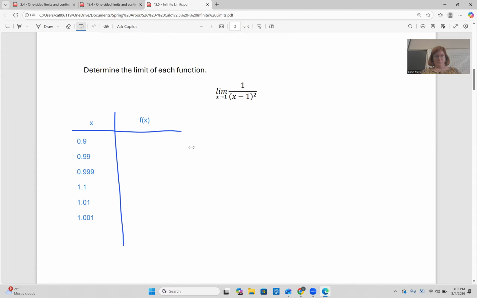For 0.9, I have 100. For 0.99, I have 1,000, sorry, one more zero, so 10,000. For 0.999, I have 1E6.